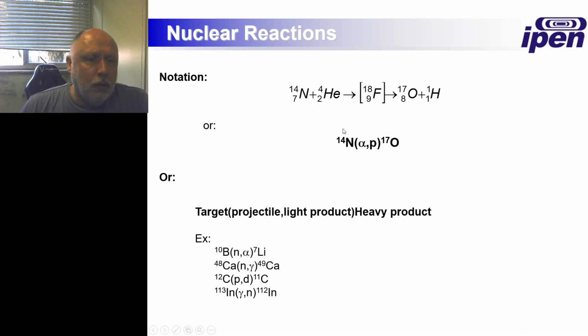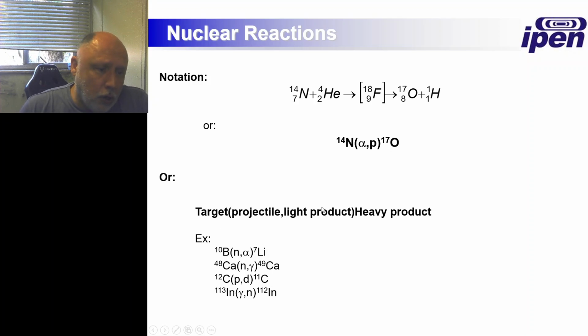We say that an alpha particle, and we had a nitrogen 14 target, an alpha particle incided on it, a proton left it, and we were left with oxygen 17 on the target. Okay, and this becomes the name of the reaction. We often say that we had nitrogen 14 and an alpha P reaction left it with oxygen 17.